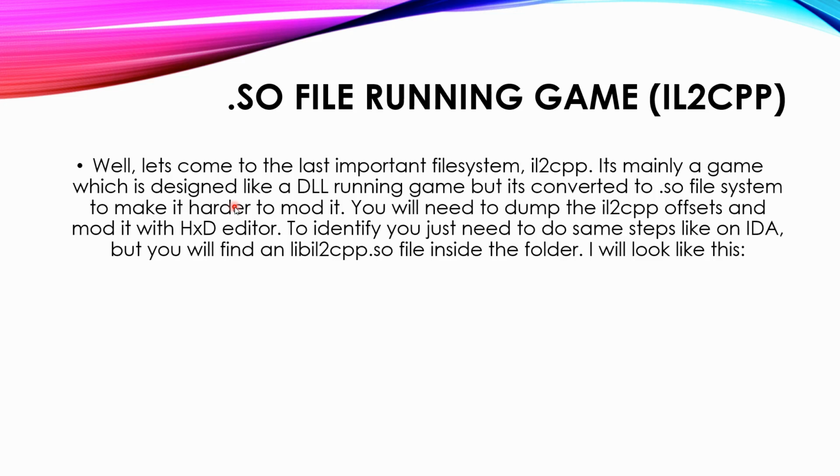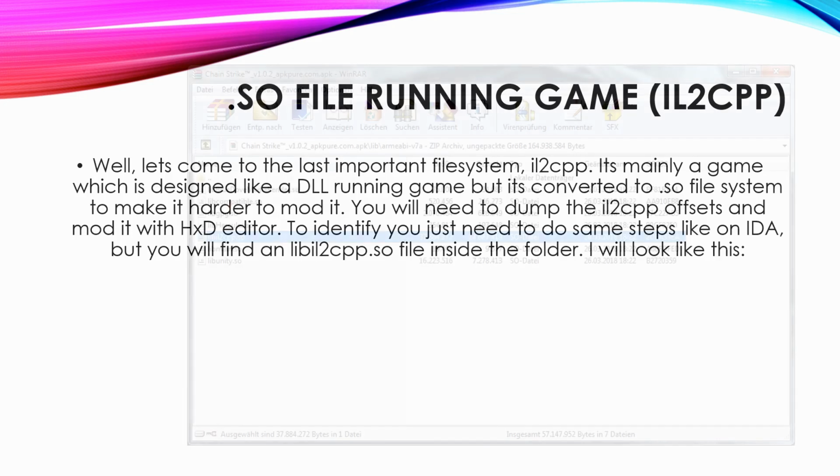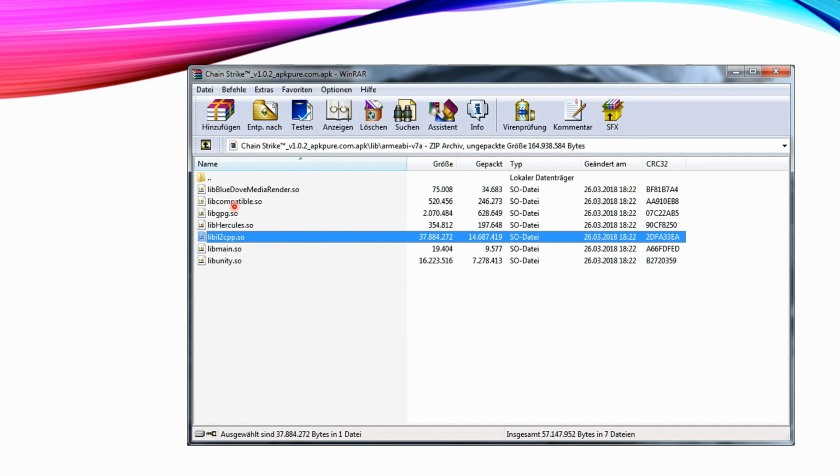If you need to mod a DLL game, it's not the same as modding an IDA game, but modding IDA games is almost the same as modding an IL2CPP game. So for this IL2CPP game, like I told you earlier, if you find out that in the lib folder there's a libil2cpp file, then this game is an IL2CPP game.